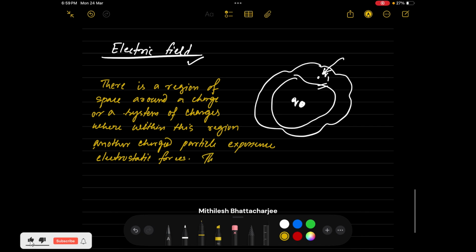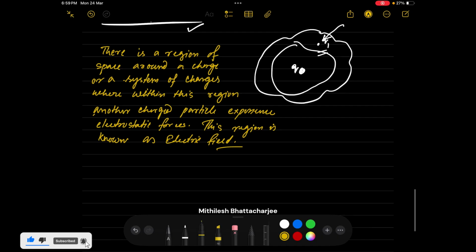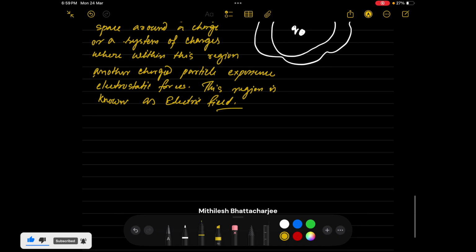So this region is known as electric field. Okay, so now let's find out the electric field due to a charge.